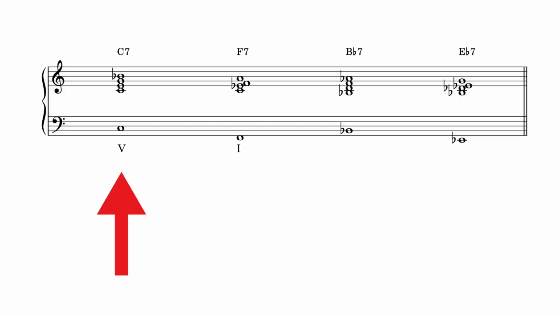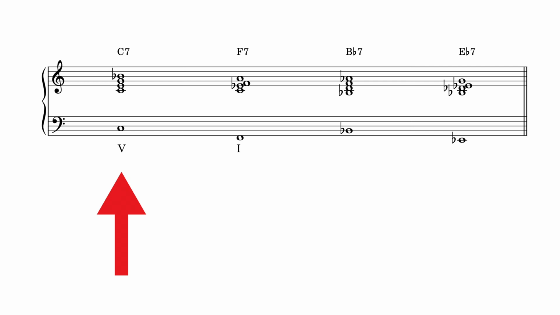One of the most common examples of a pattern in the circle of fifths is when you have the 5 chord in the key of C, for example, G, and it goes to 1. And then 1 becomes the 5 of the next chord. So we go from, say, G7 to C7. We can start here on C7.